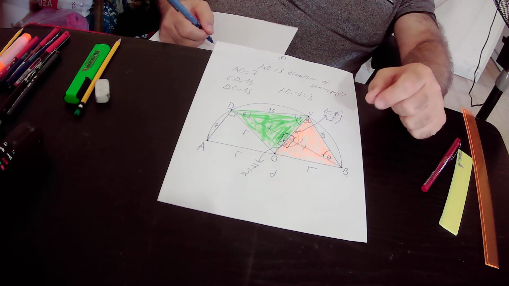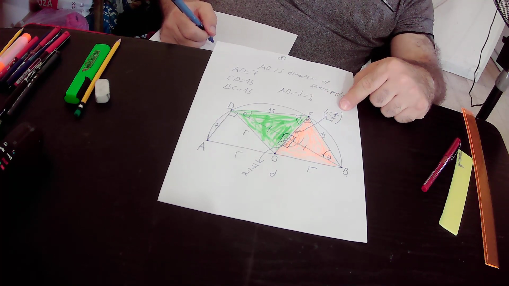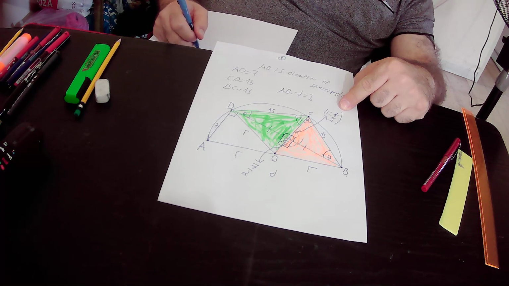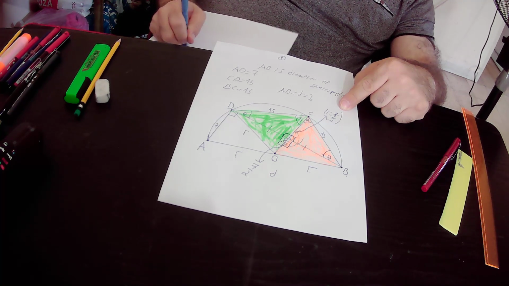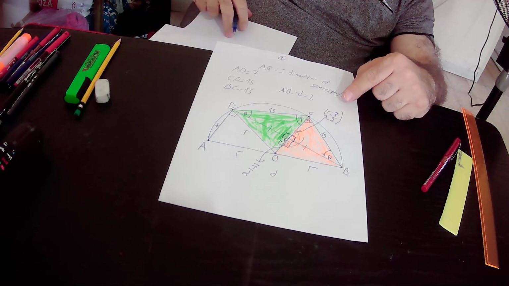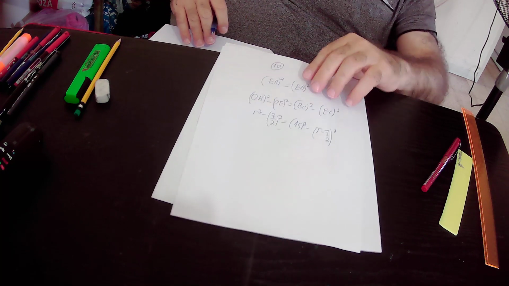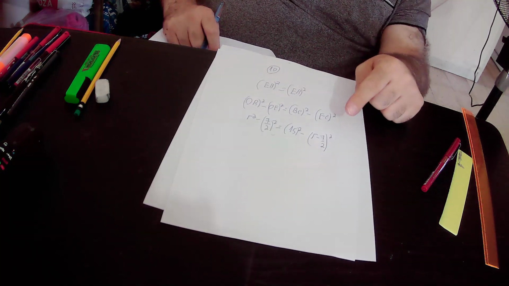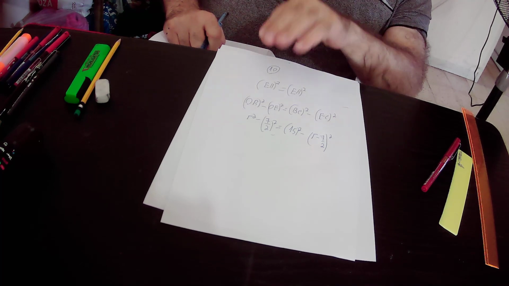minus EC square. What is the value of EC? EC equals R minus 7 over 2 units. So EC square will be equal to R minus 7 over 2 square. So in total we got that R square minus 7 over 2 square equals 15 square minus R minus 7 over 2 square.